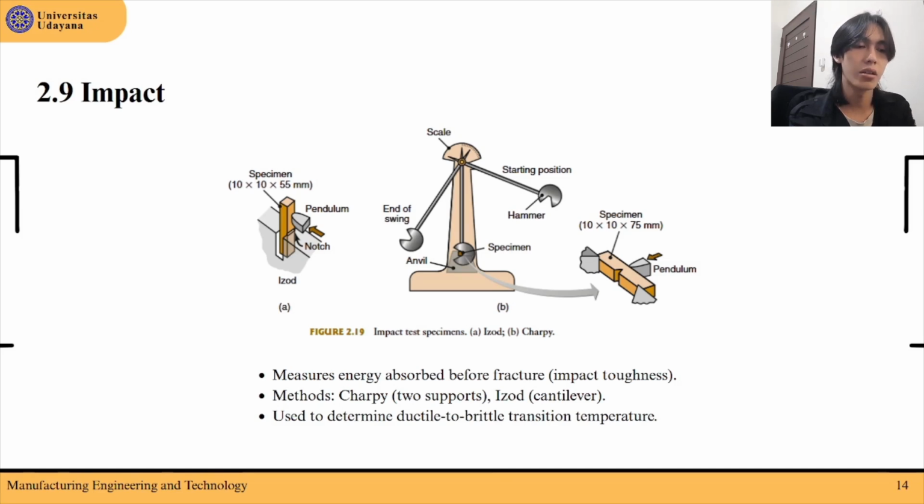The tests are used to identify the ductile to brittle transition temperature. Like you put your block specimen material like iron in the middle of this device, and you pull up the hammer, and after that release the hammer and crash the specimen.